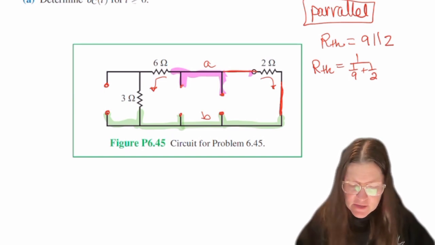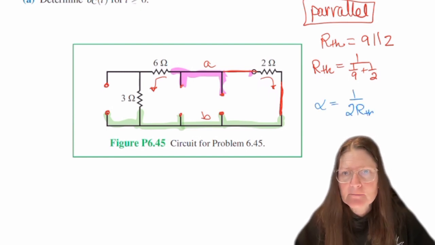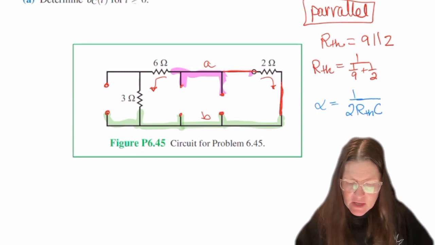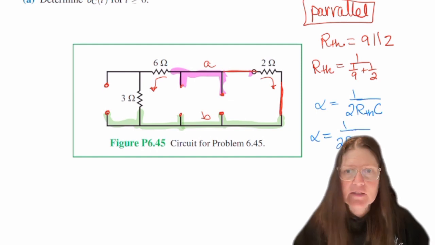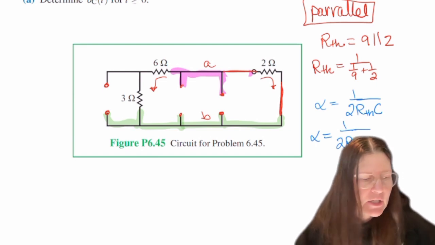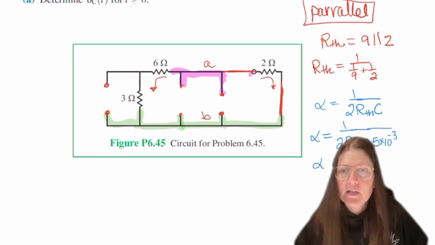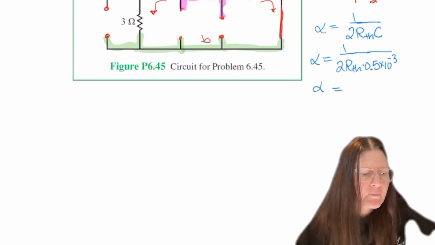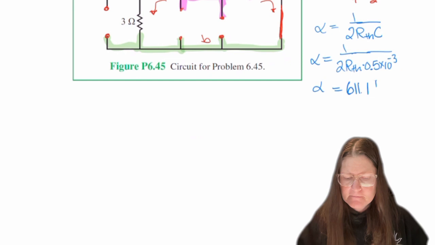And so alpha is going to be 1 over 2 RTHC. And so in this case, whatever the RTH value ends up being, and the C value was 0.5 milli. So that's 10 to the minus 3. And this ends up giving a value for alpha of 611.1 nepers per second.